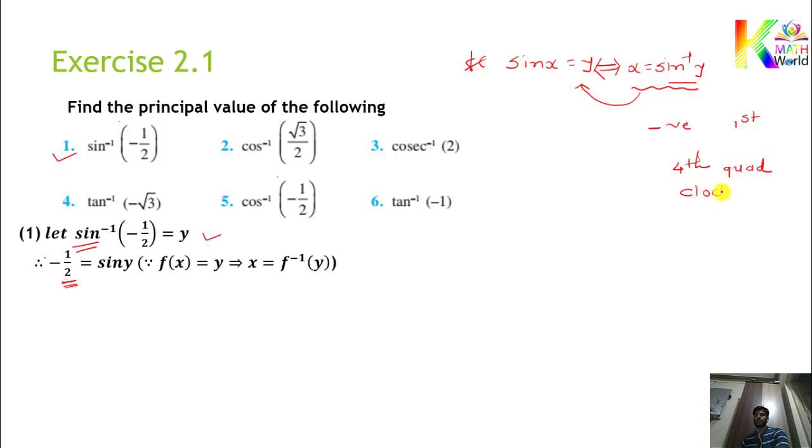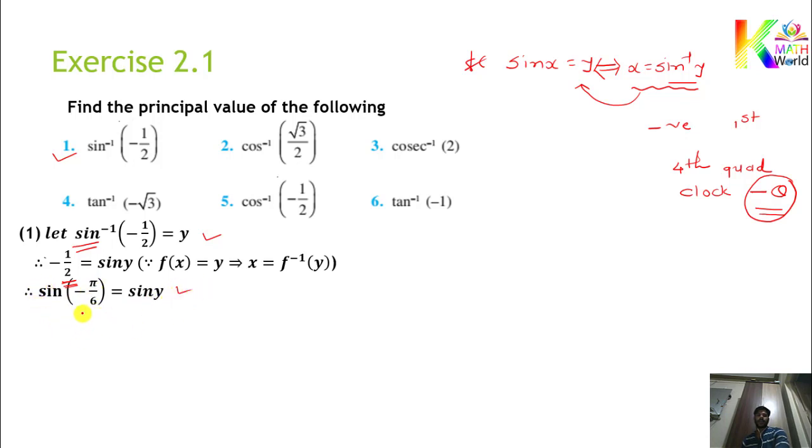Clockwise direction, it means minus theta. So we can write 1 by 2, that is sin 30, and with the help of minus theta we consider the angle negative, so the angle will be sine of minus 30, that is minus pi by 6, equal to sin y.